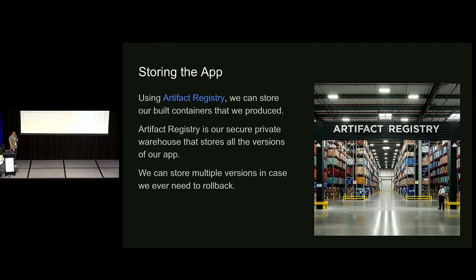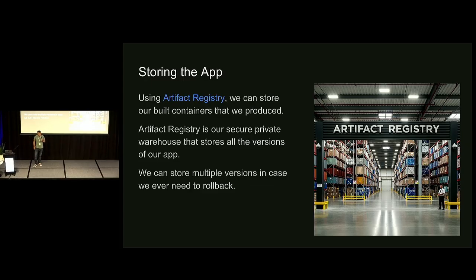But once we've built our application and we've tested it, we have to store it. And the reason why we might store our application is that in case we want to roll back to a previous version, or we want to be able to deploy it to multiple regions, that sort of thing. So we use Artifact Registry to store the built containers that we've produced.